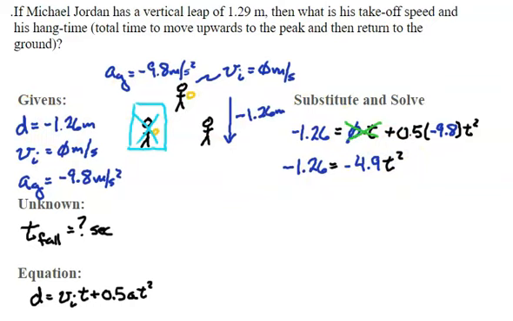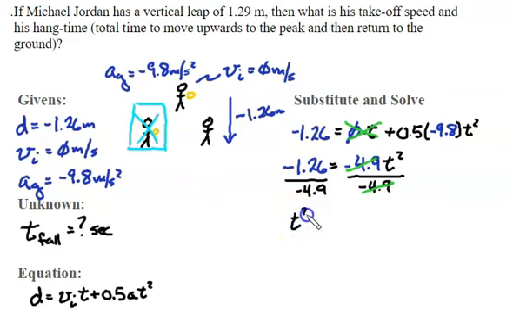To get rid of the t squared on the right hand side, to get t squared all by itself, I'm going to divide by negative 4.9. And the reason I do that is so that it cancels. Whatever I do to the right, I must do to the left as well.